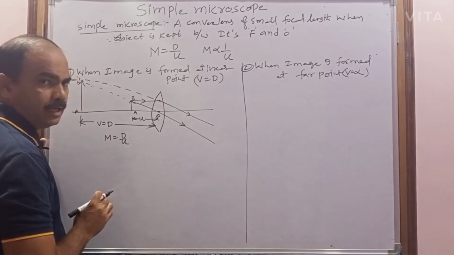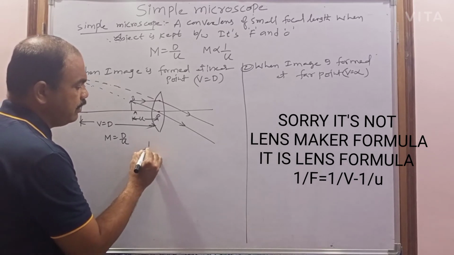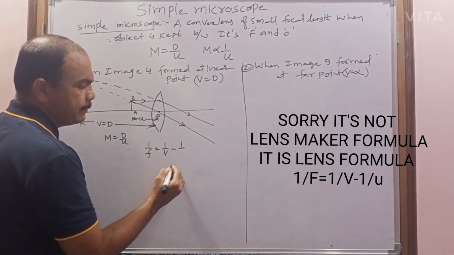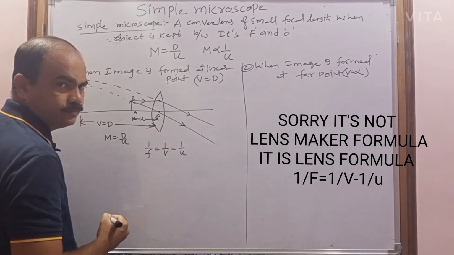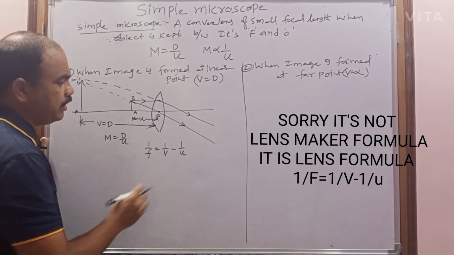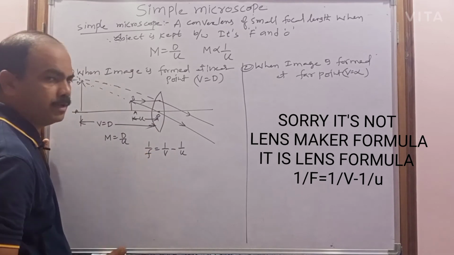This u can be calculated with the help of the lens maker formula. What is the lens maker formula? 1 by f equal to 1 by v minus 1 by u. But you have to use the sign convention. Here u is the object distance, v is the image distance, and f is the focal length.